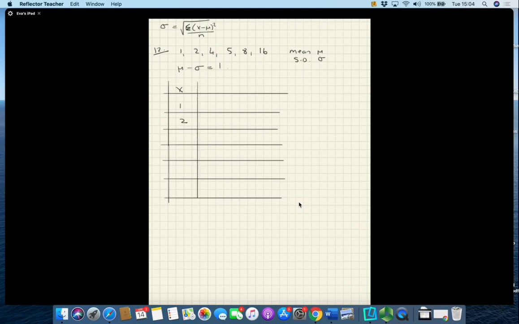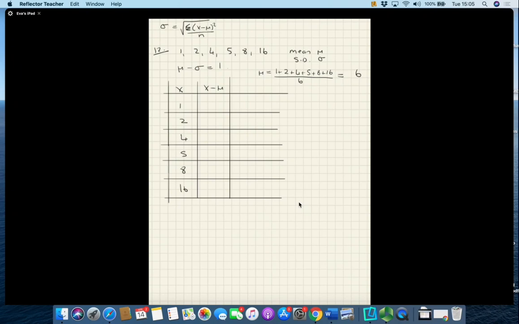The next thing we do is x minus mu. Do I know what my mean, mu, is? Not yet, so I need to calculate it. Let's do that up here. It's 1 plus 2 plus 4 plus 5 plus 8 plus 16, divided by 6 numbers. 1 and 2 is 3, and 4 and 5 and 8 and 16, divided by 6. So my mean is 6.